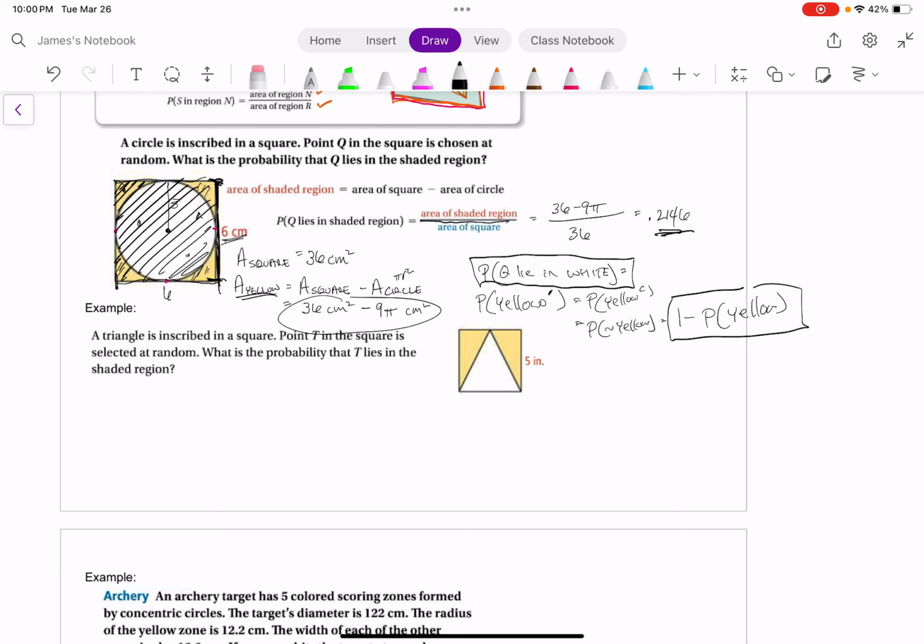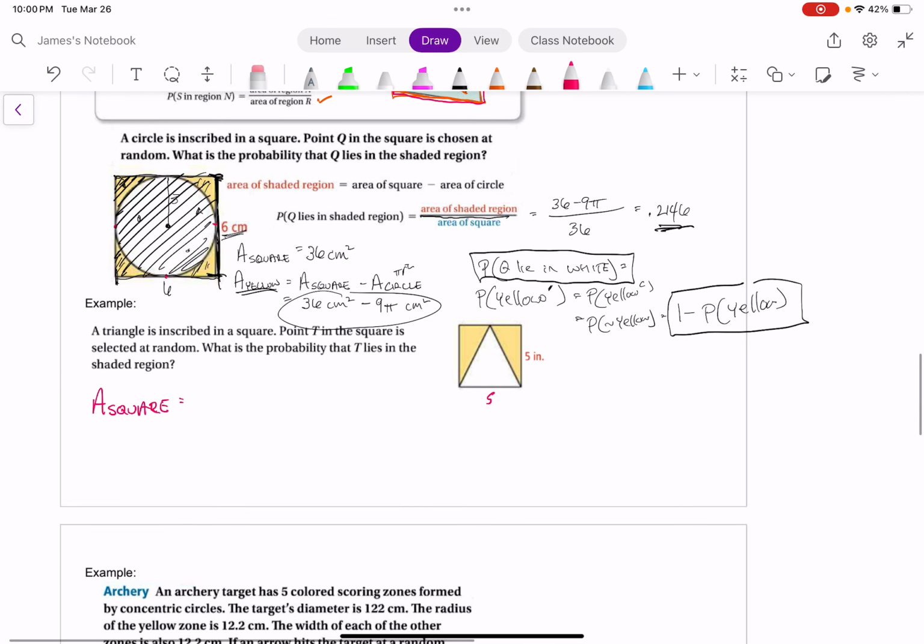Okay, so again, what is the area of the square? Now, side lengths are 5. So area of the square would be 5 squared, or 25 square inches. Now, I need to find the area of that region there.